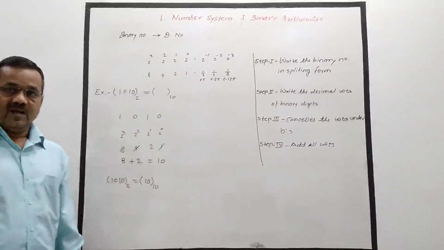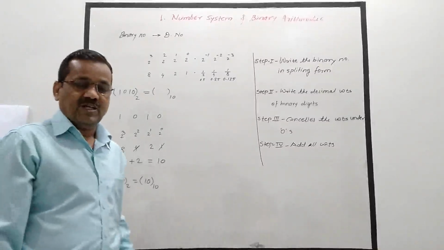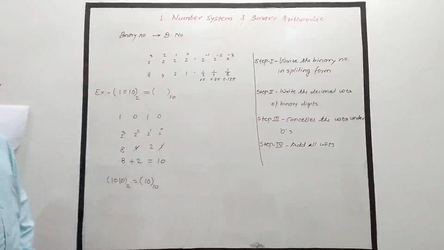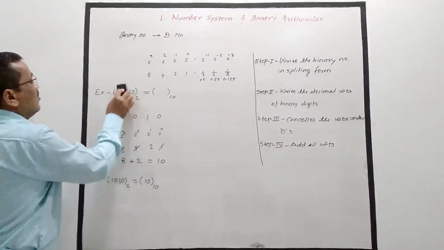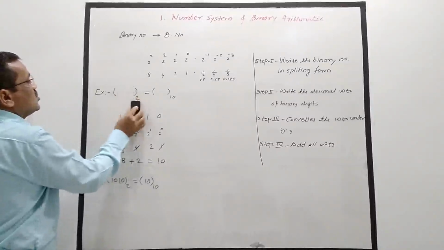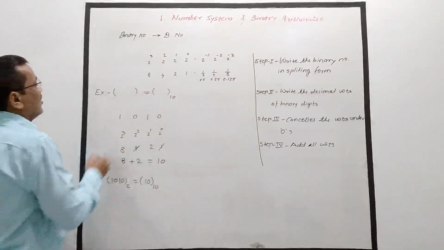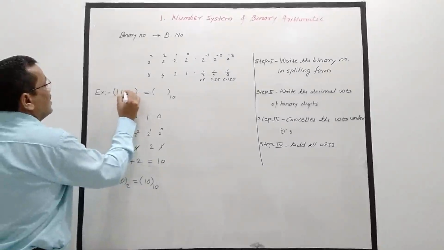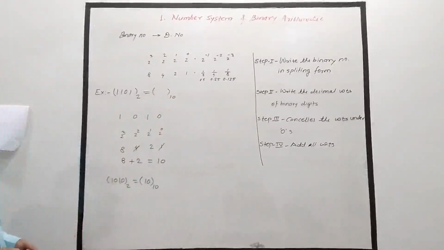We can take another example of conversion of binary number into its decimal equivalent form. So another number we can take as 1101 of binary, to be converted into its decimal equivalent.